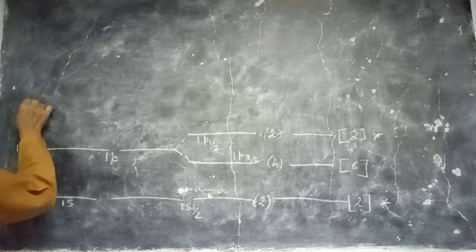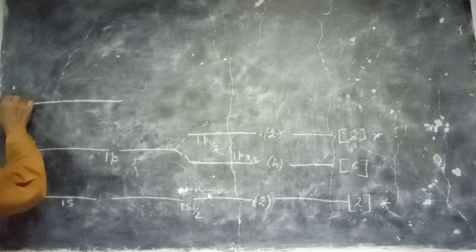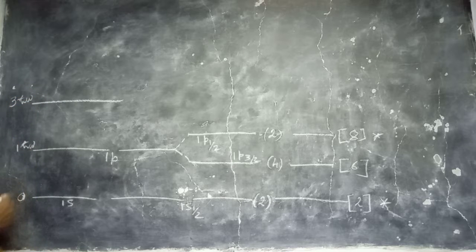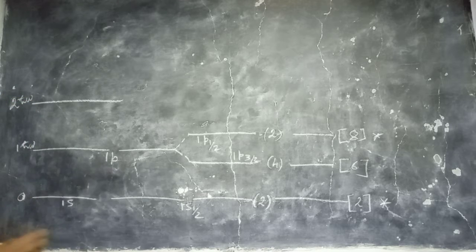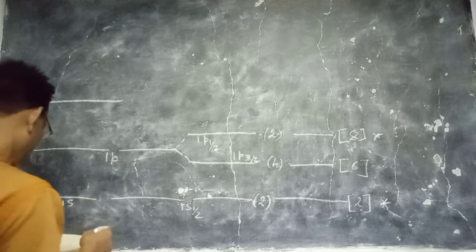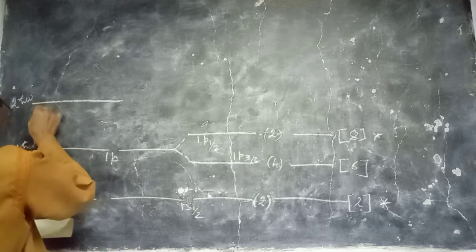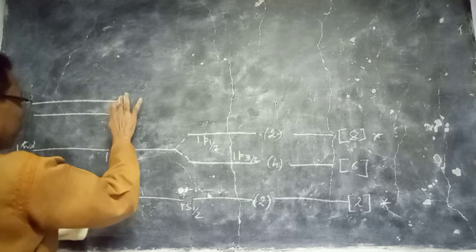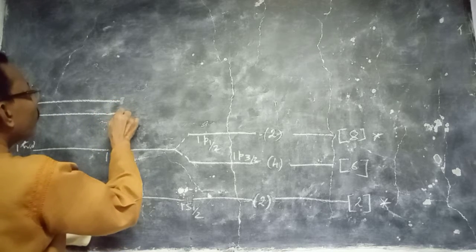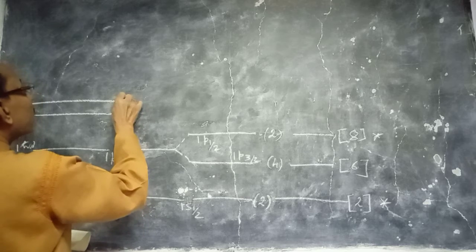Then you get 2ħω, parity is written here. You get two levels here, one is 1d and this is 2s.